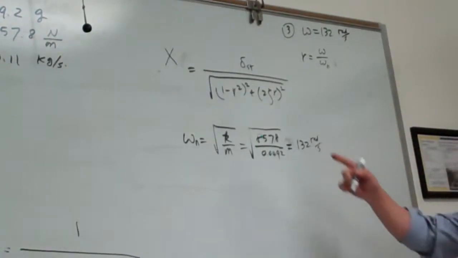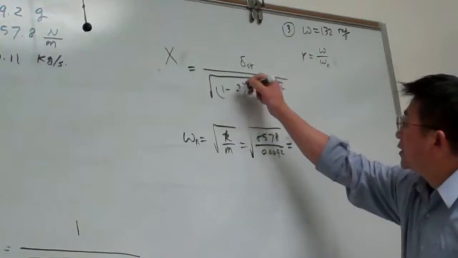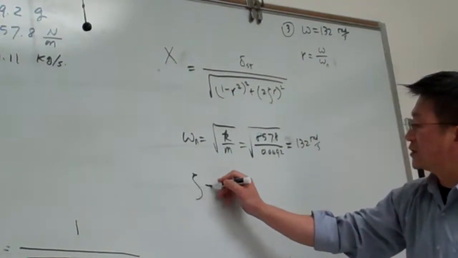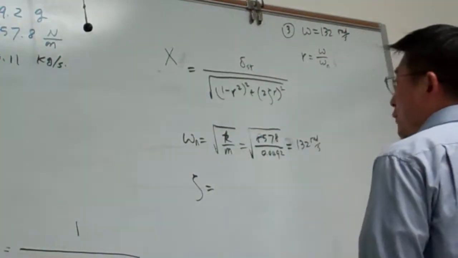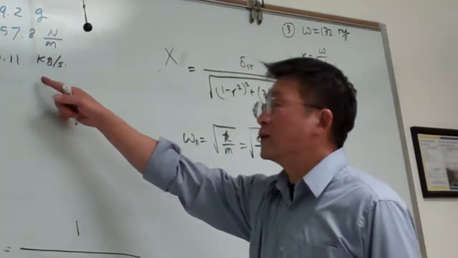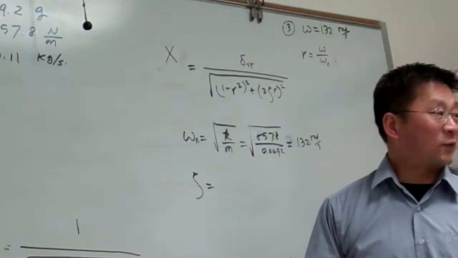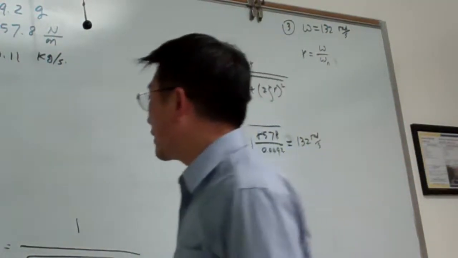Okay, and in these formulas we also need the damping ratio. So the second question is to get ourselves ready for the damping ratio. Given those values, how can we determine the damping ratio? I think maybe we can try this.